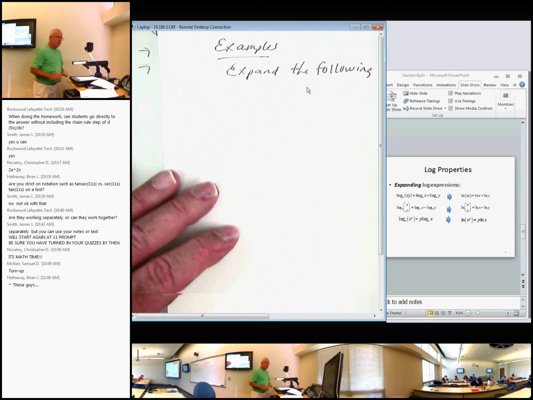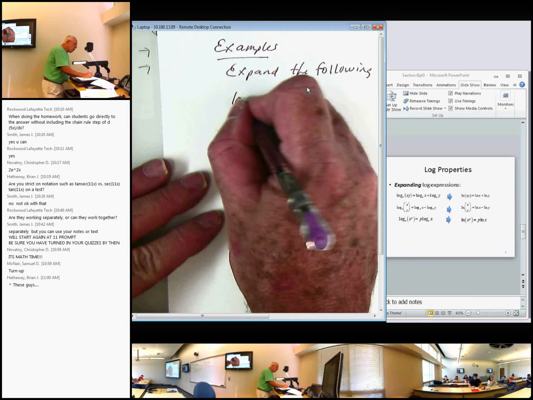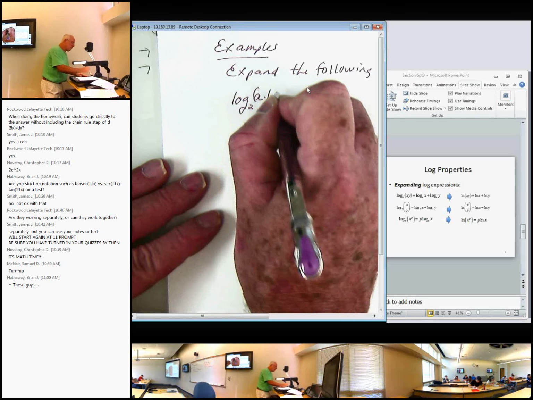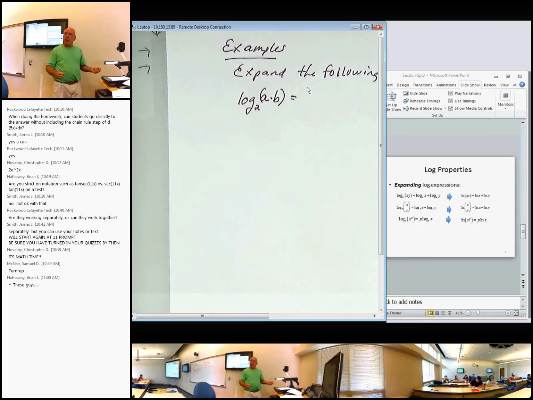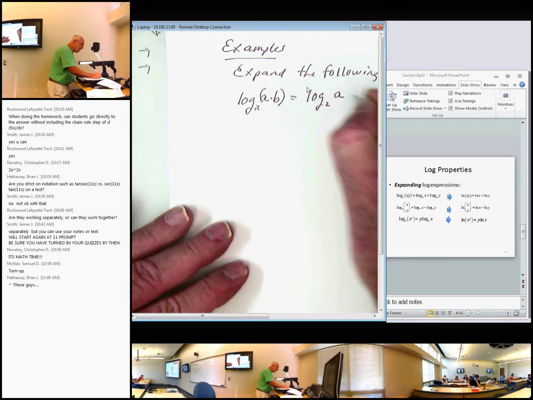All right. So, say we're given the log base 2 of a times b. Well, that's a product on the inside, so I can expand it as a sum of the individual logs. So this is equal to the log base 2 of a plus the log base 2 of b.